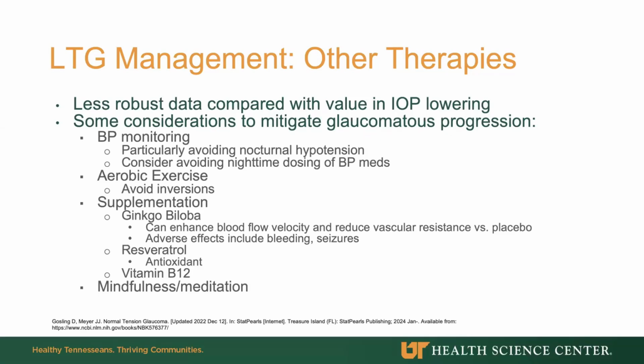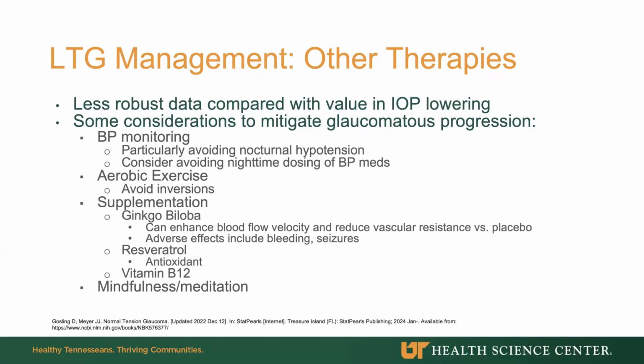And really, as with primary open angle glaucoma, the pillar of treatment is pressure lowering, but other considerations you can make to mitigate glaucomatous progression, or to offer patients who seem to be progressing at physiologically great target pressures, would be to offer careful monitoring of blood pressure with special attention to avoid nocturnal hypotension. Nocturnal hypotension can reduce perfusion of the optic nerve head and can run the risk of visual field progression.